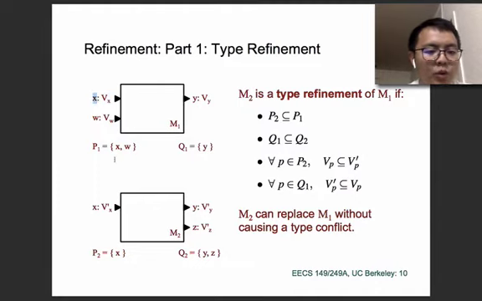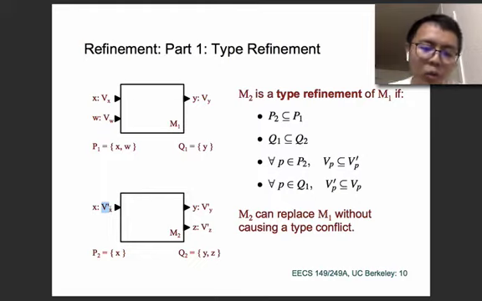If we want M2 to replace M1, but it has a different input type, one is V sub X and one is V sub X prime. What is the constraint on the data type we need for this replacement?